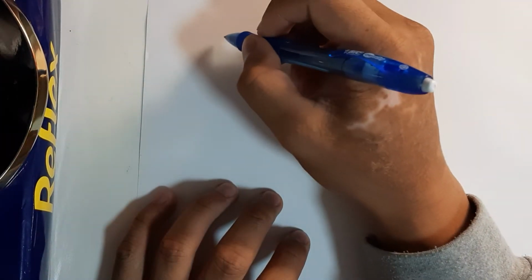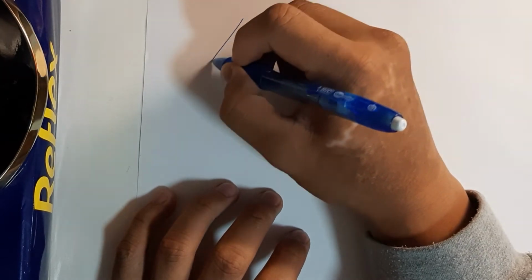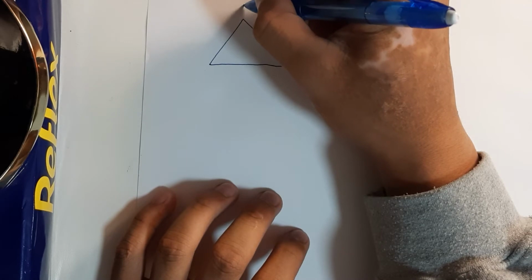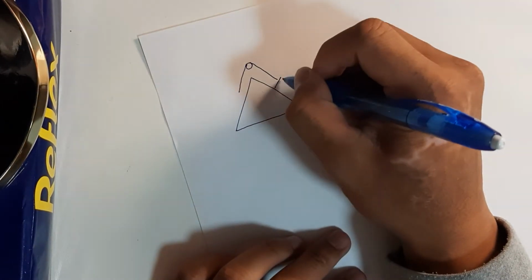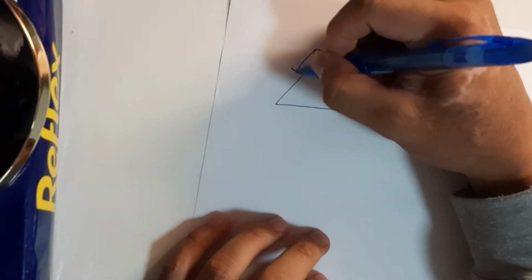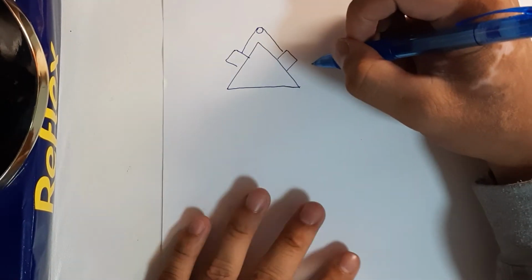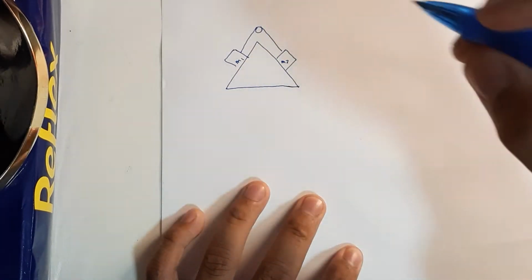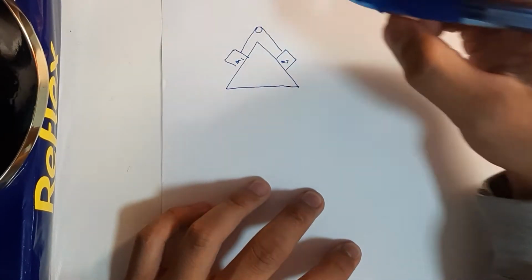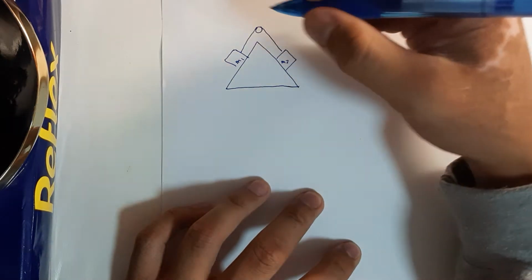Right, so first we draw the diagram. So pulley, it's M2 and M1. First we're going to split the forces on each of the blocks.